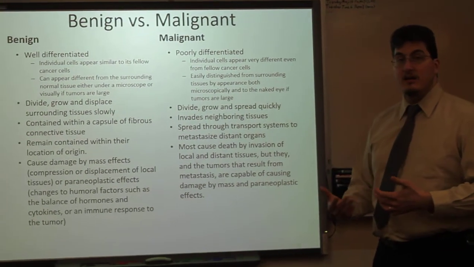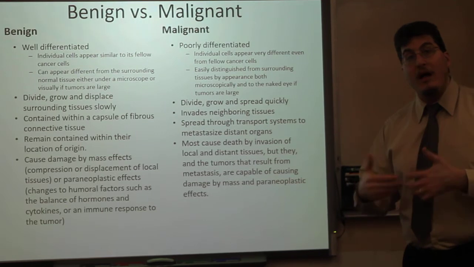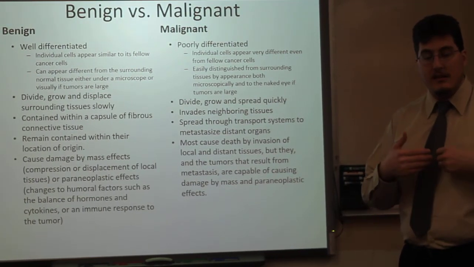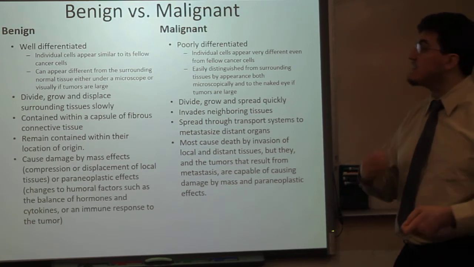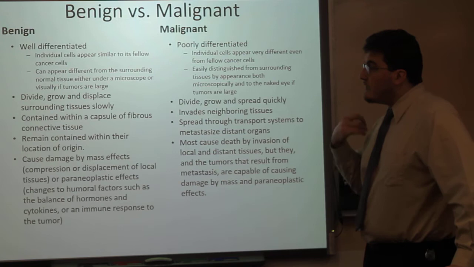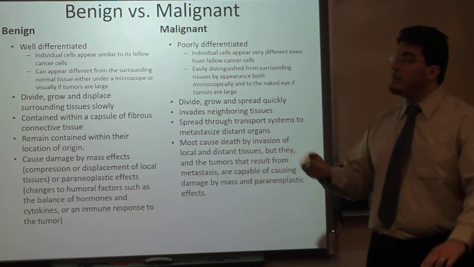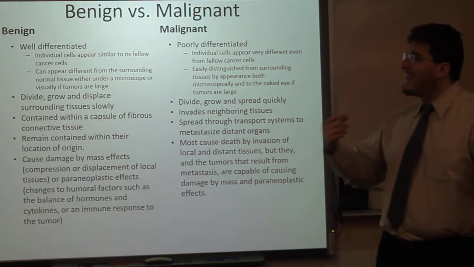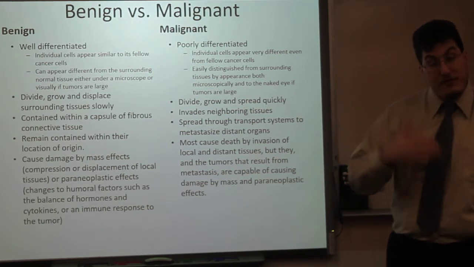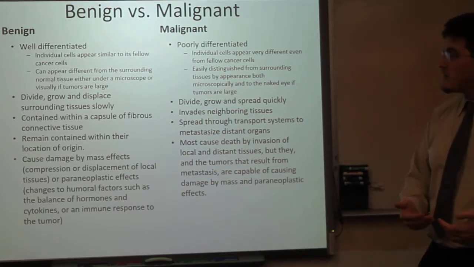Well differentiated are cells that are similarly well differentiated as the cell type of origin. In well differentiated benign tumors, the individual cells will appear similar to their fellow cancer cells, but they can appear different from their surrounding normal tissue under a microscope, or visibly if the tumor is quite large.